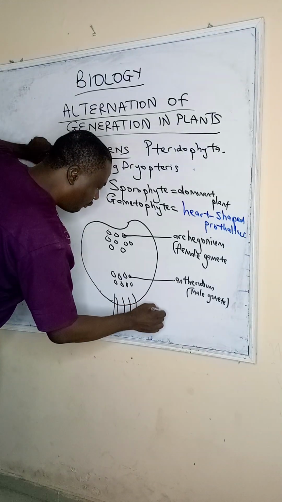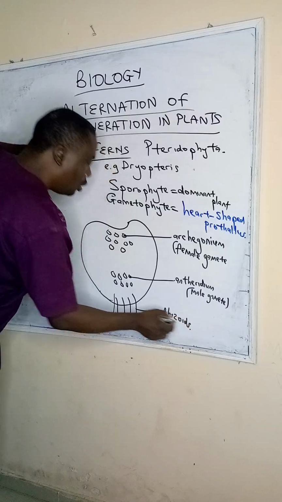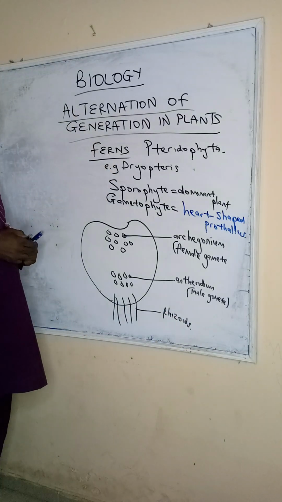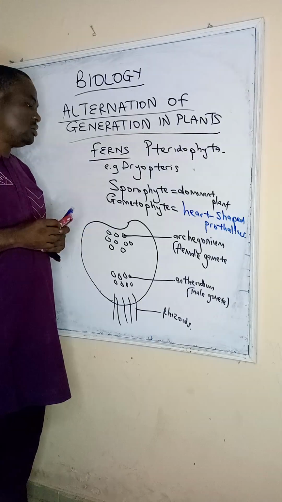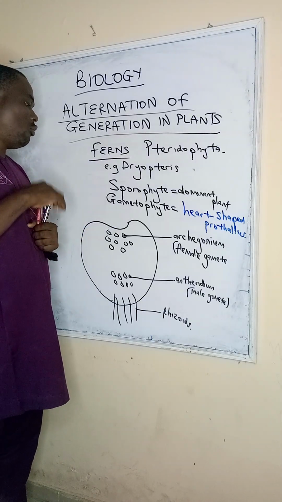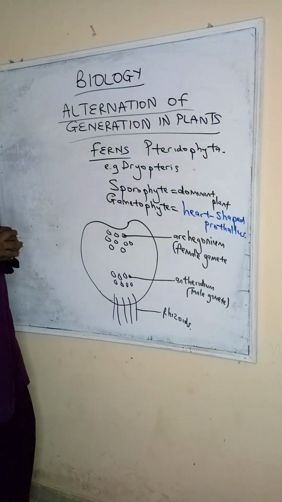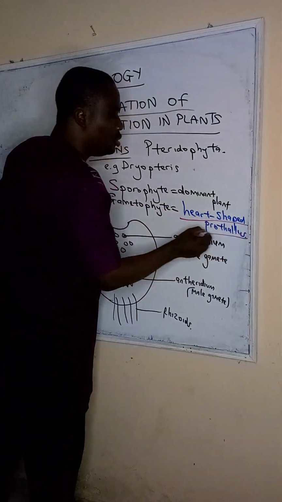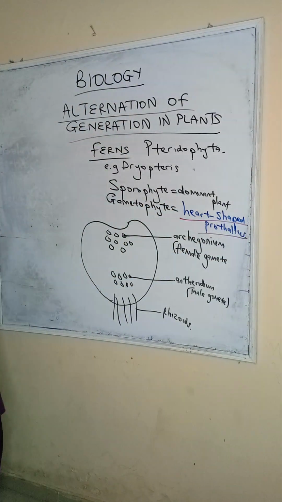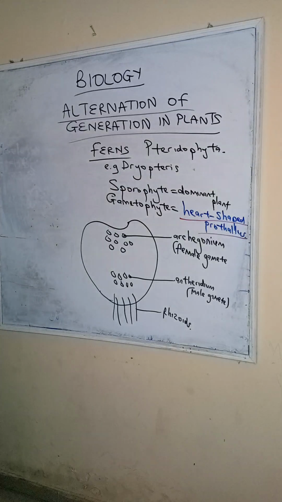And here are the rhizoids. One similarity between sporophytes and gametophytes is that they are both green and contain chloroplast. The plural of archegonium is archegonia, while the plural of antheridium is antheridia. So it's a heart-shaped prothallus. It's not dependent on the sporophyte, even though the sporophyte is the dominant plant.